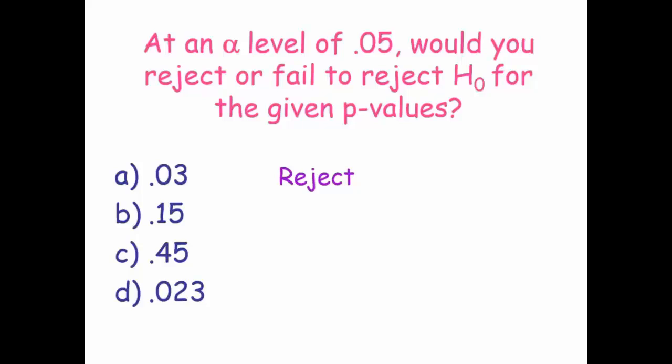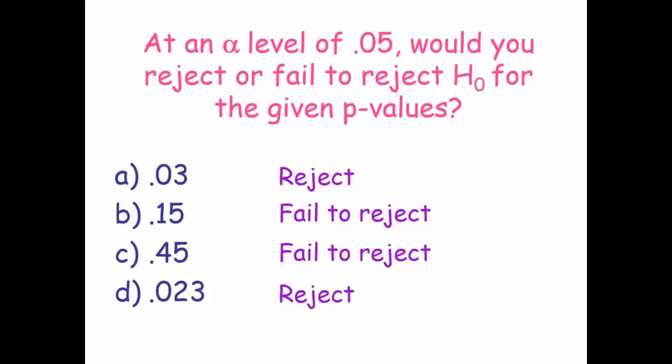There is evidence against the null. 0.15 is larger than 0.05, so we fail to reject. 0.45 is larger, so we fail to reject. And 0.023 is smaller, so we reject.